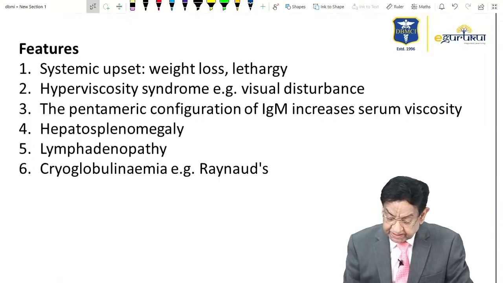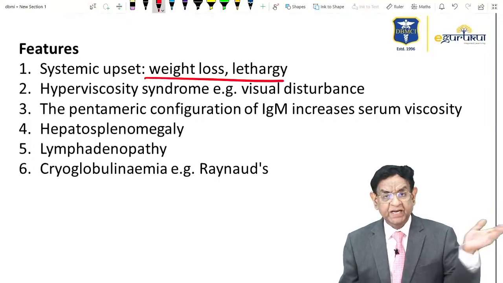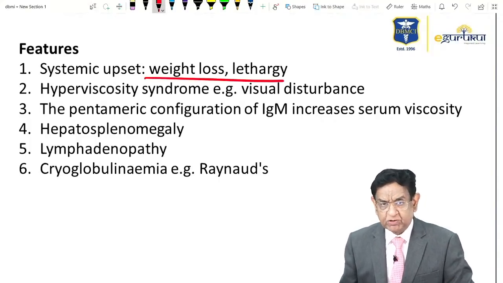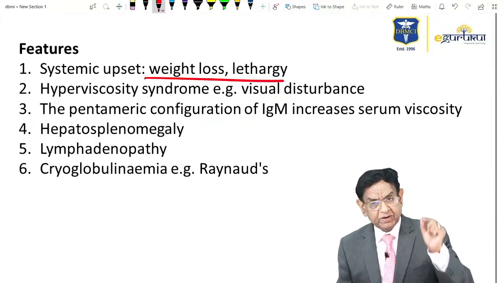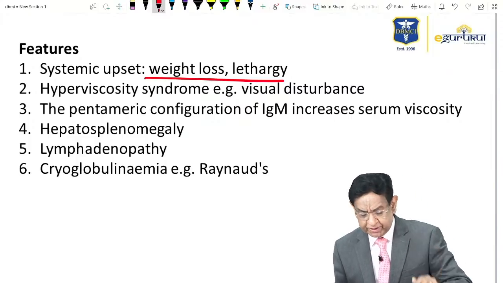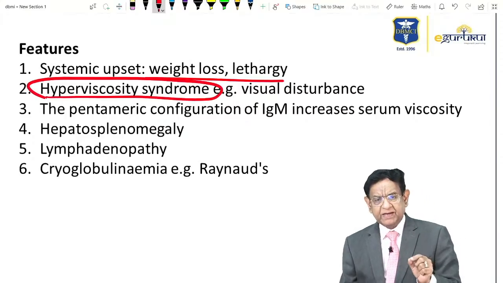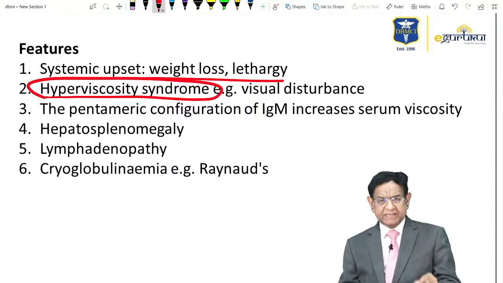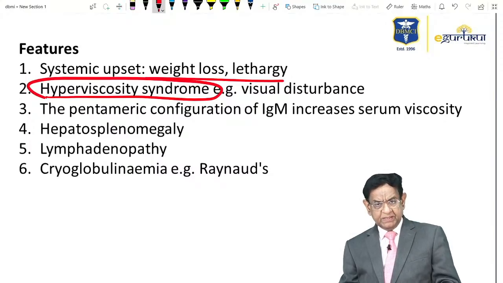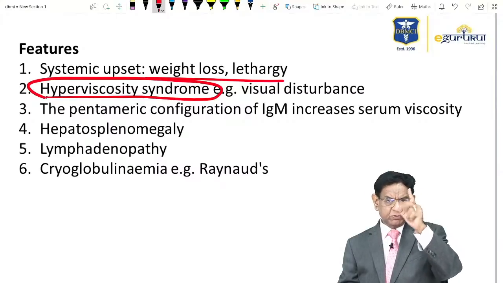Features: systemic upset, weight loss, lethargy. What is there in our patient? Also in the question. But what is most important? Hyperviscosity syndrome. In fact, in case of blood malignancy, when they talk about hyperviscosity, you should think about two things.